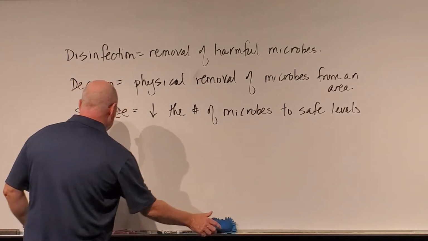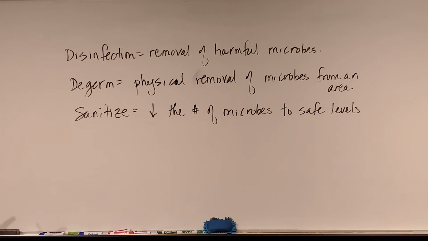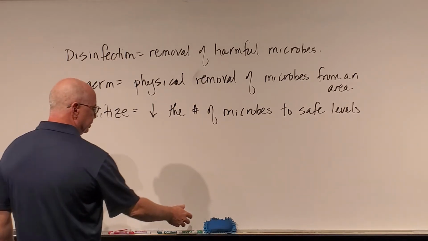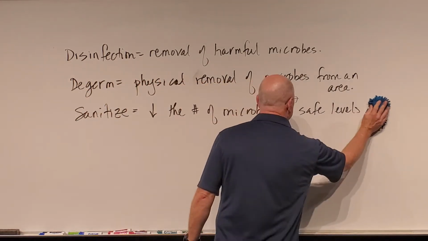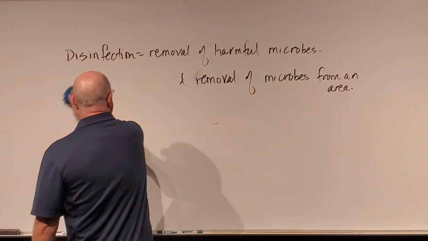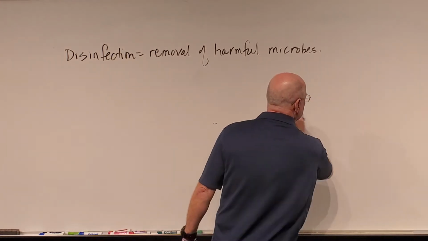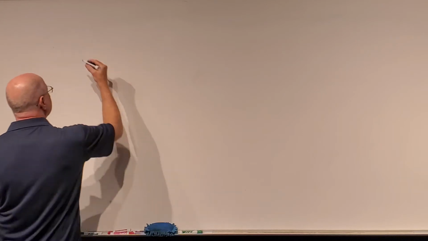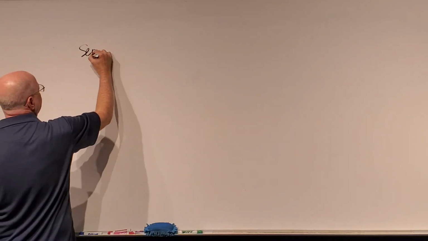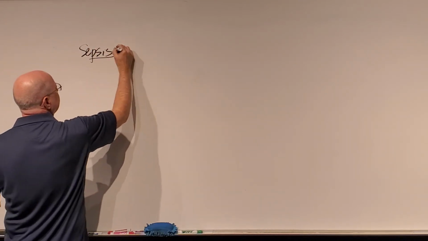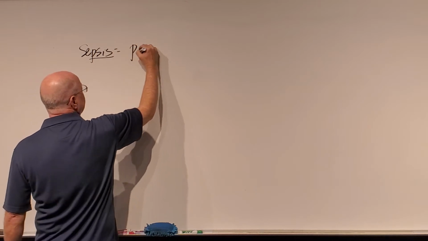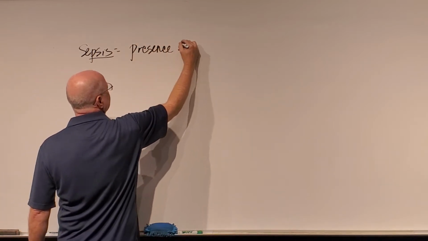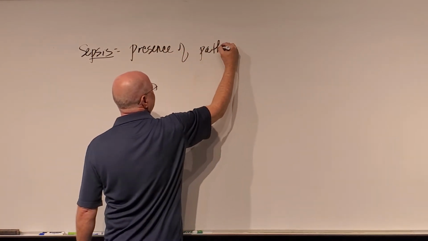But one of the ones I want to talk about, instead of just disinfection or degerming or sterility, is the terms sepsis, antisepsis, and antiseptics. Sepsis can be defined a number of ways, but when we're talking about microbiology, sepsis usually means the presence of pathogens.